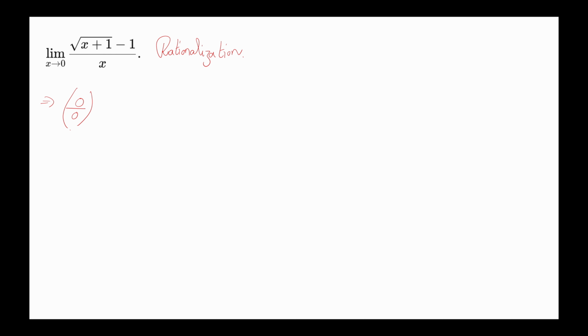So we try to rationalize this. This can be rationalized by multiplying it with its conjugate. We have root under x + 1, minus 1, upon x. So I multiply the numerator and the denominator with root under x + 1 plus 1.